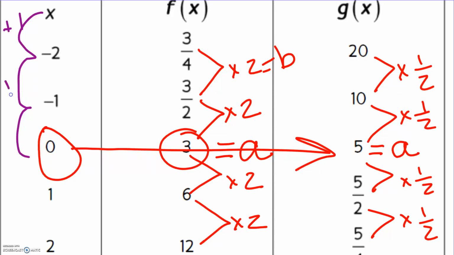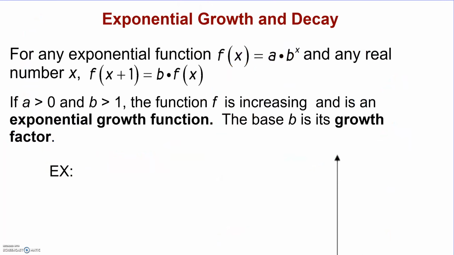From -2 to -1, we added 1. Here from -1 to 0, we added 1. So every time we added 1 to the x value, on this first one, we multiplied the y values by 2. And that number that we multiply by is our b value. So that's what that's talking about over here, where it says f of x plus 1 equals b times f of x.